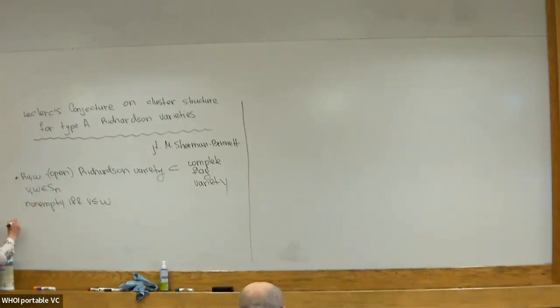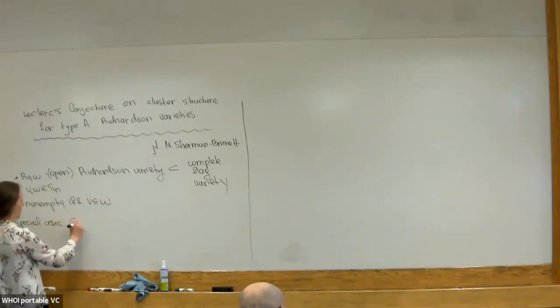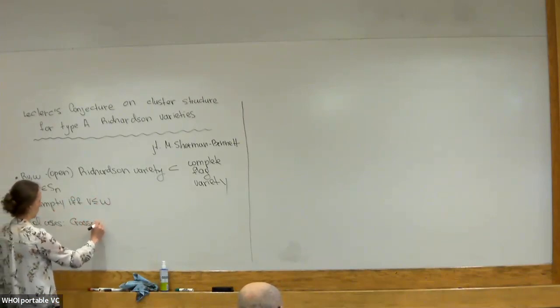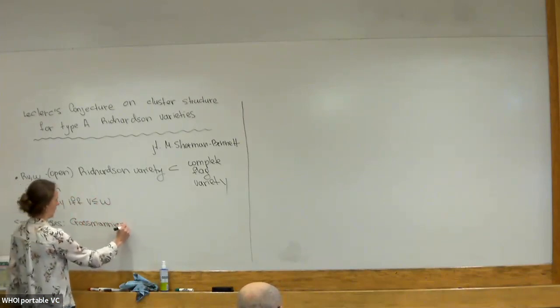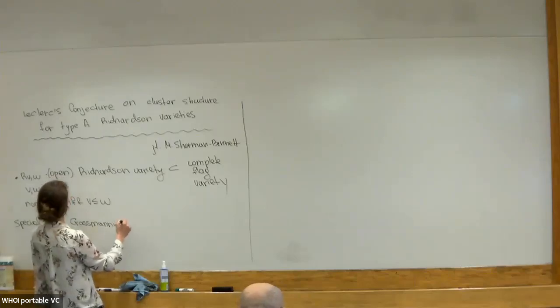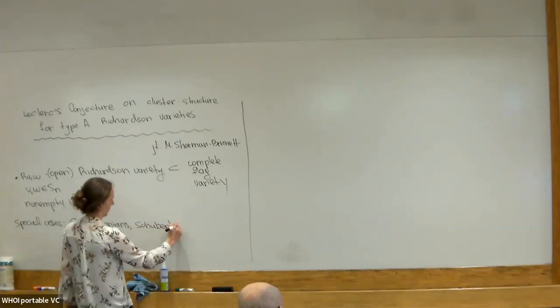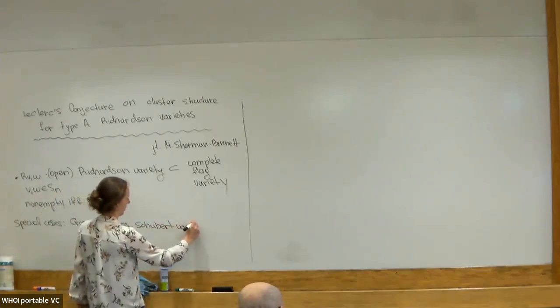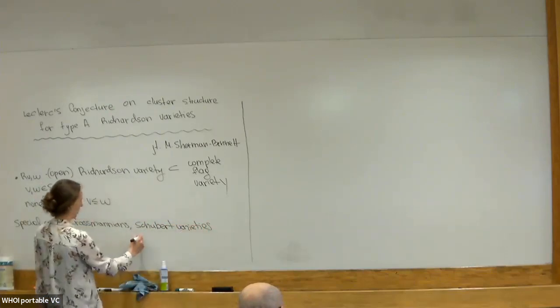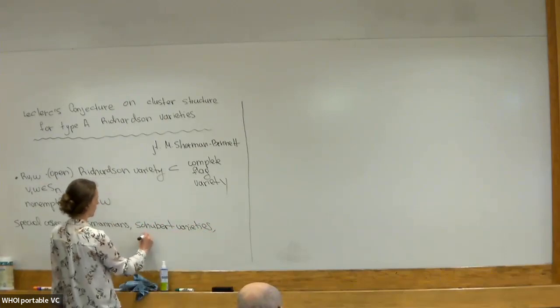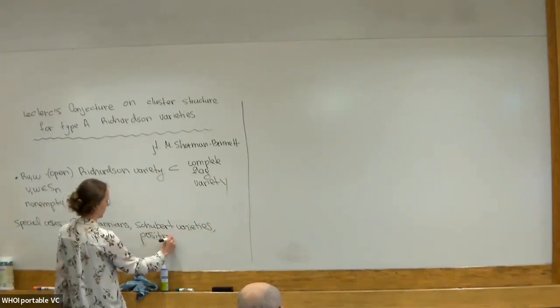And okay, some special cases which you're probably familiar with of these are the Grassmannians, as well as Schubert varieties, and perhaps also positroid varieties.